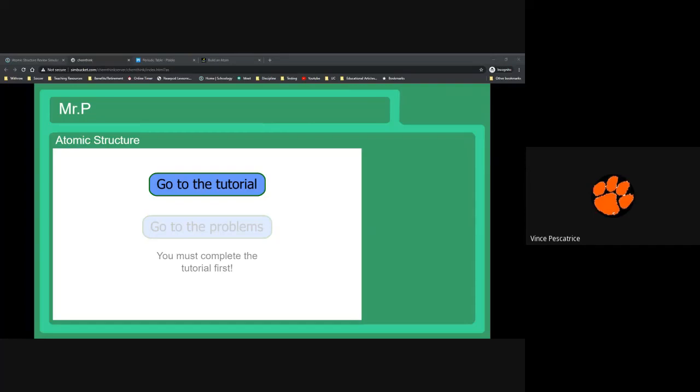Yes, use the guest login. All right, looks like we're all there.